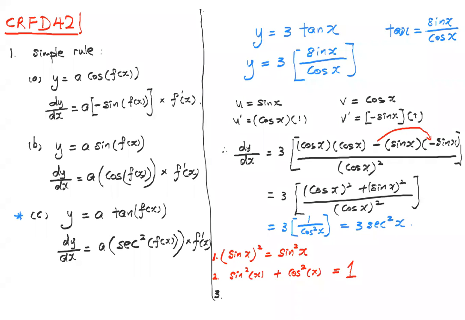So if I have 1 over cos x, I can write as secant x. So next time you see secant, you know it is 1 over cos. Are you clear? So all this formula is a must to remember. Please write down in your 1-page handwritten notes. Please, please, please.